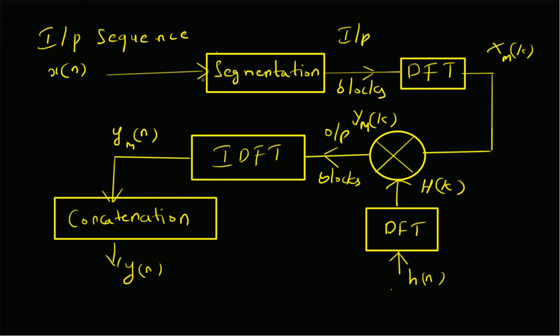That is, by using segmentation of the input into blocks of equal length, and then we apply DFT, and then we multiply this DFT with the DFT of the impulse response of the filter, and then we get the output blocks. Then we apply IDFT on these output blocks, so we get them in time domain. That is, these are the output blocks in time domain, these are the output blocks in frequency domain, and then we concatenate these output blocks to get the actual output sequence.